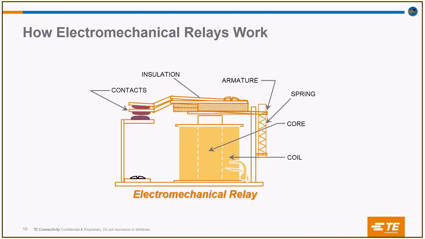Let's first talk about the coil. The coil is an assembly of one or more windings. It is usually a wire which is wound over an insulated iron core. When we are talking about the electromechanical relay, we need to understand electromagnets, how the electromagnets are designed.